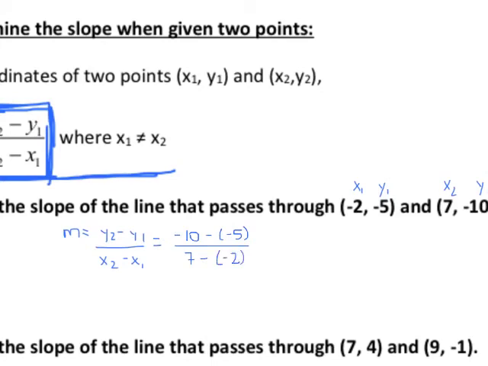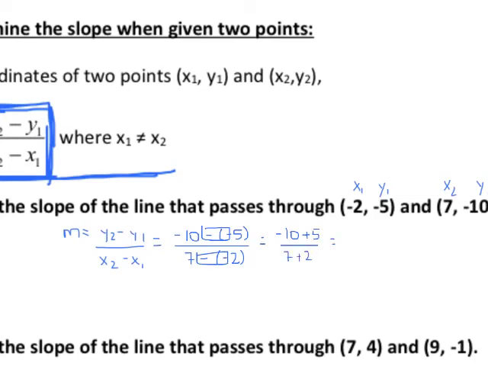Well, right now you should automatically start to see that there's a minor problem taking place. Okay, you have a minus a negative in both of these. So what you want to do is rewrite it so you can see it as -10 plus 5 over 7 plus 2.